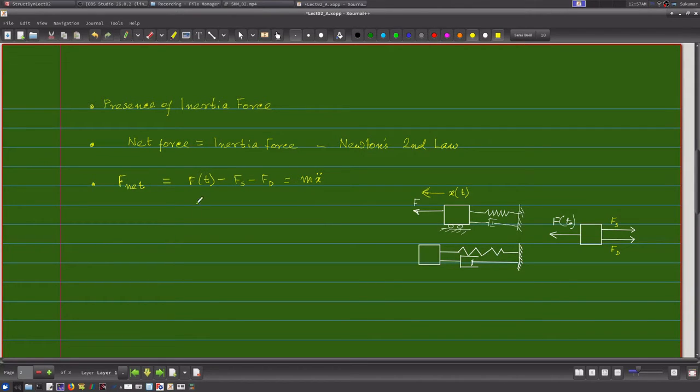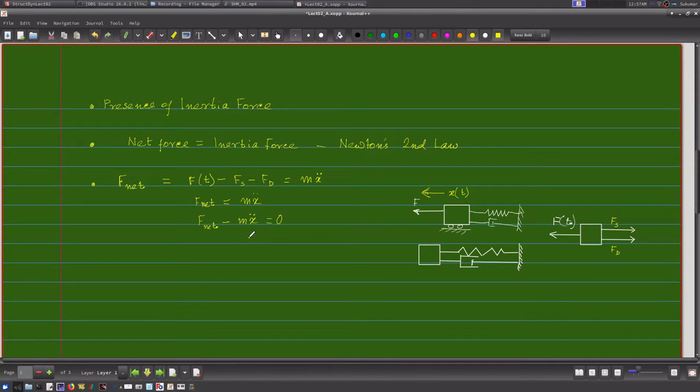So what I can write is that this F net force is equal and opposite to the inertia force, right? In other words, F net minus mass times the acceleration is 0.